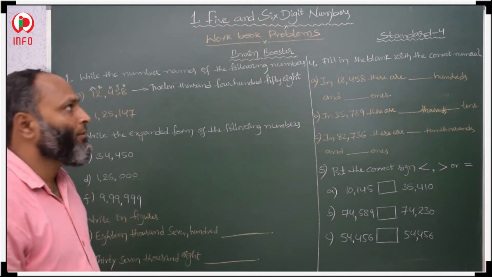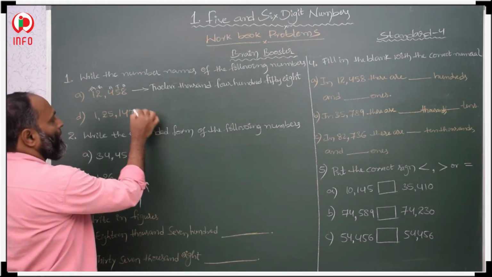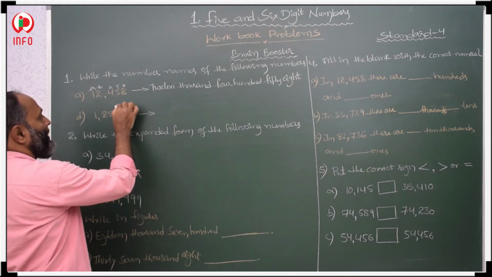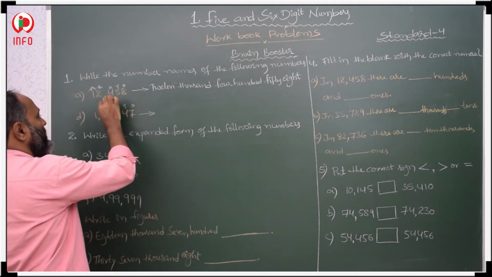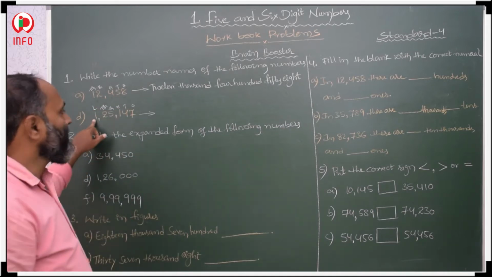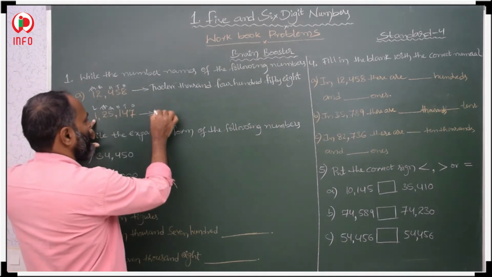Now here, this is ones, tens, 100, 1000, 10,000. This is lakhs. One is in the lakhs place. This is 1 lakh.